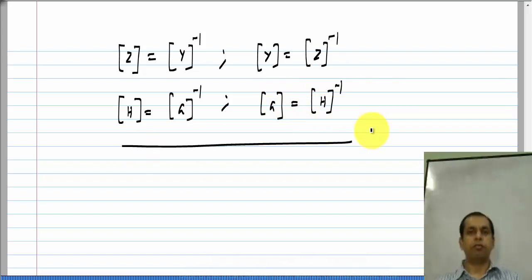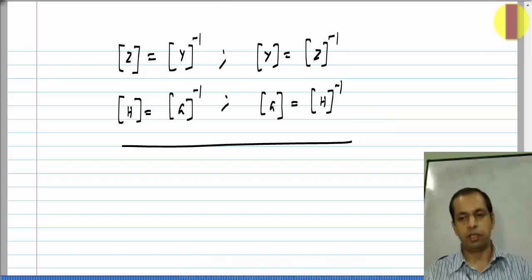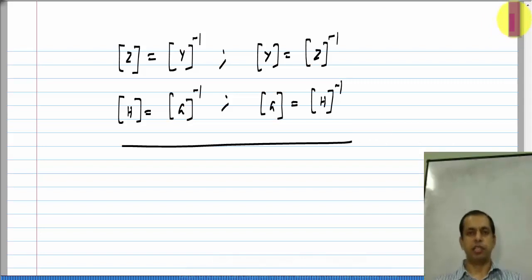Now, of course, if some of these matrices are not invertible, then you cannot invert it and find finite valued parameters. For instance, if H matrix is not invertible, you can't have finite G parameters for that particular circuit. So, that means that that circuit cannot be meaningfully represented by G parameters. But if they are invertible, you can use any of the 4 parameter sets for describing the circuit.